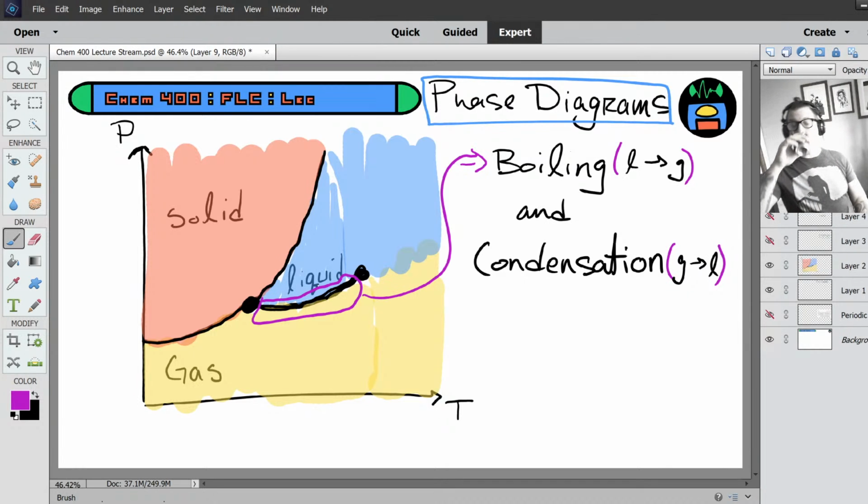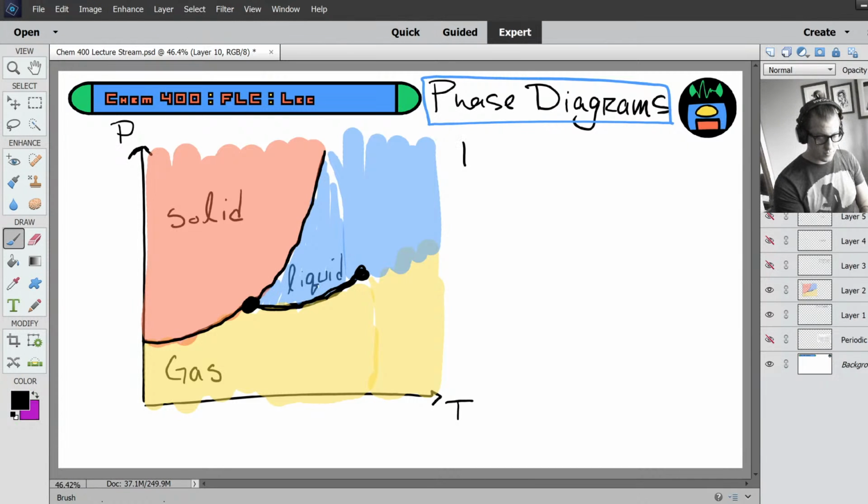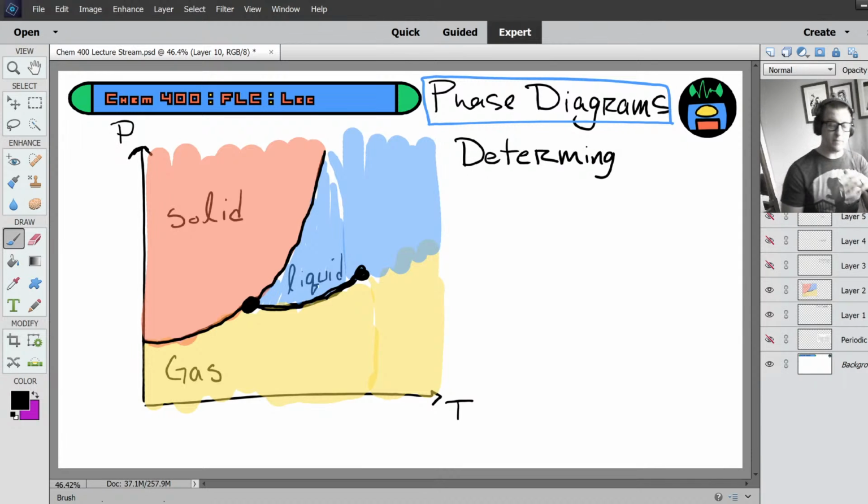All right. Now, you can use the phase diagram to determine any transition point. You can determine the temperature at which a substance will melt or freeze or boil or sublime under any given pressure.